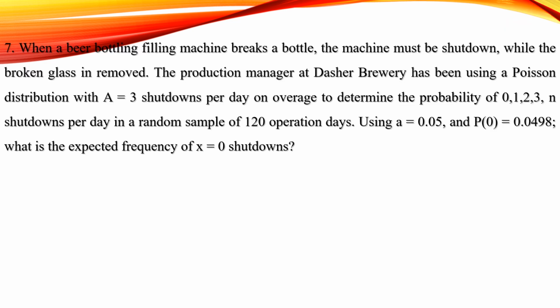Question number 7. When a big bottling filling machine breaks a bottle, the machine must be shut down while the broken glass is removed. The production manager at the Dashan Brewery has used a Poisson distribution with λ equal to 3 shutdowns per day on average to determine the probability of 0, 1, 2, 3, and n shutdowns per day in a random sampling of 120 operation days using an alpha equal to 0.05, and the p-value is P of 0 equivalent to 0.0498.